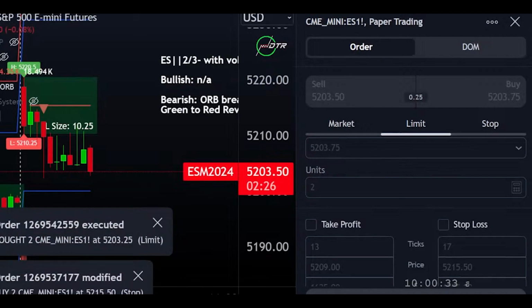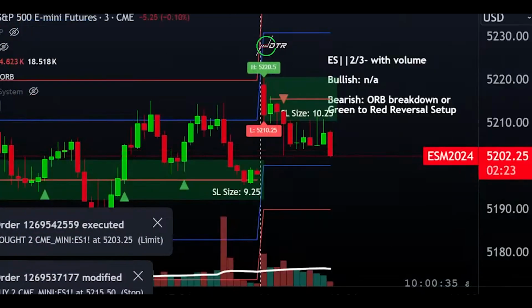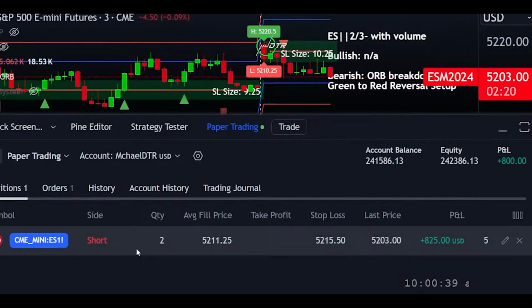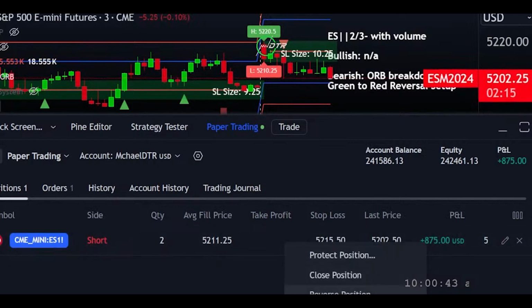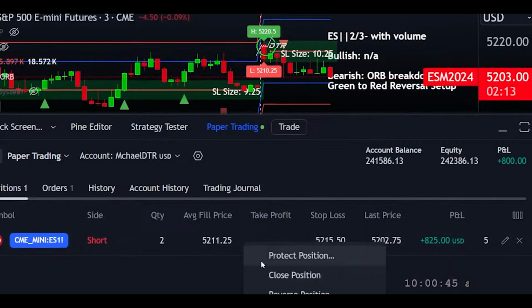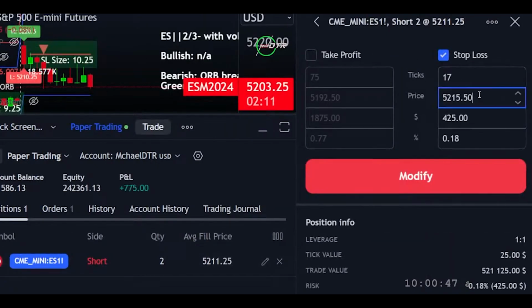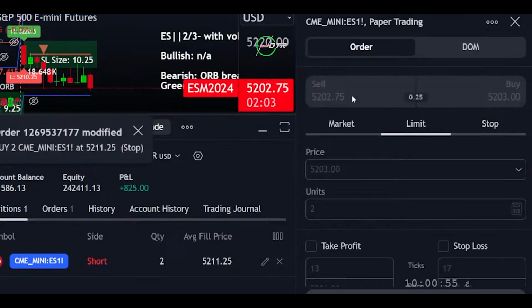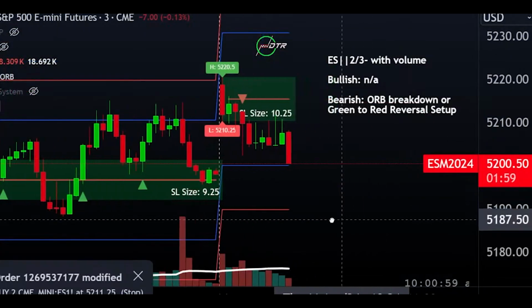So I've got 2 quantity left, right? So I can go protect position, stop loss, entry price 52.11.25. And boom.